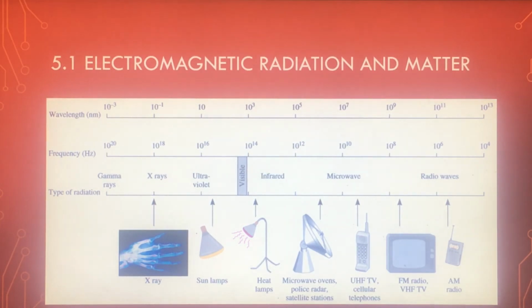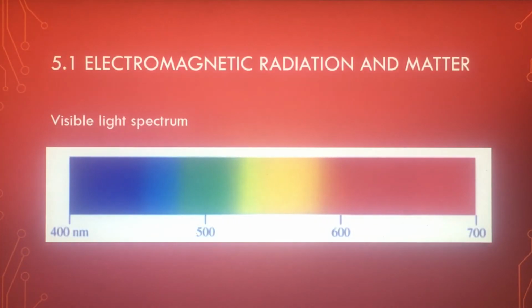Okay, so let's look at the visible light spectrum. This is the only spectrum that we can see as human beings, since the others are invisible to our naked eyes. Beyond 400 nanometers we have the ultraviolet, and then this is color violet, going to blue, green, yellow, orange, and then red.